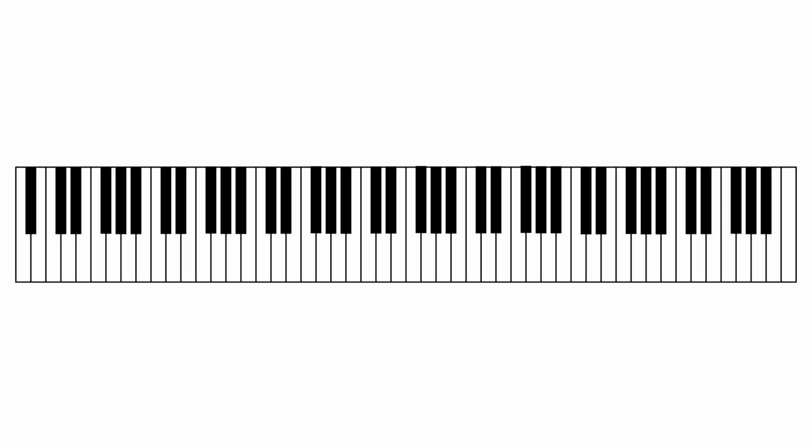We can also name them with flats: B flat, D flat, E flat, G flat, and A flat. B sharp sounds the same as C, and C flat sounds the same as B. Similarly, E sharp sounds the same as F, and F flat sounds the same as E. Don't ever forget that between B and C, and between E and F, there is no black key.